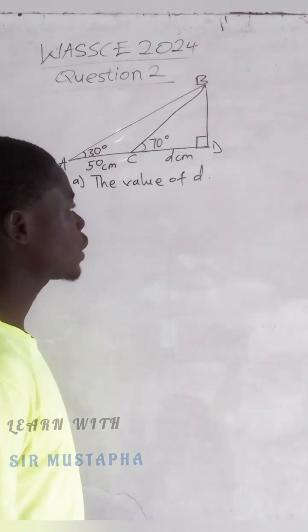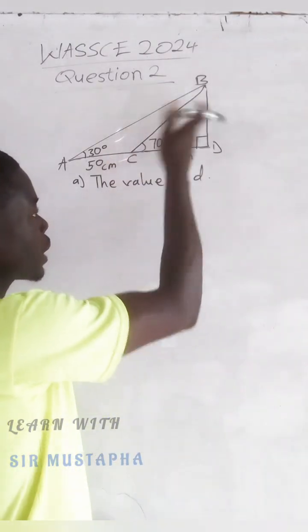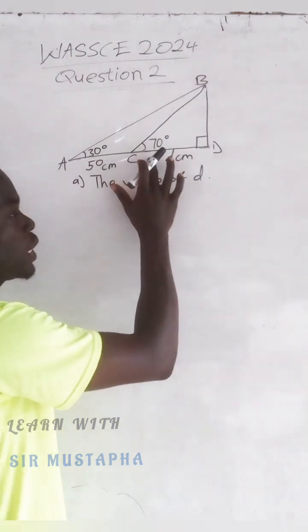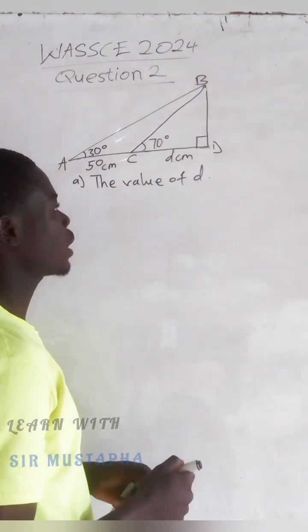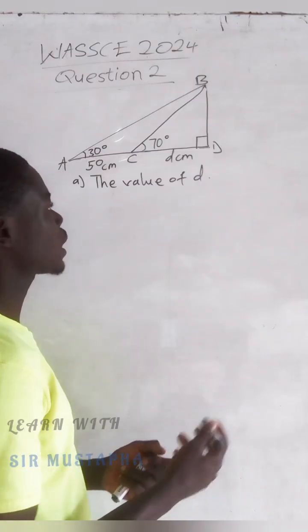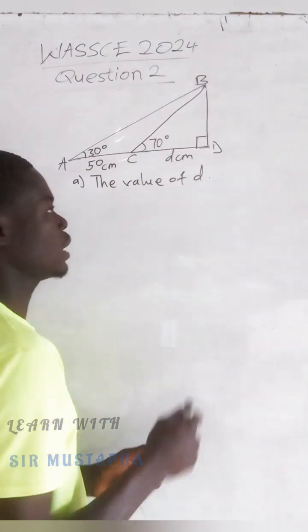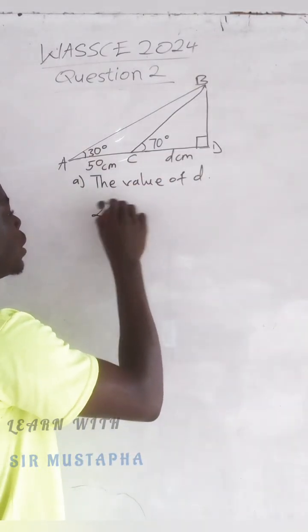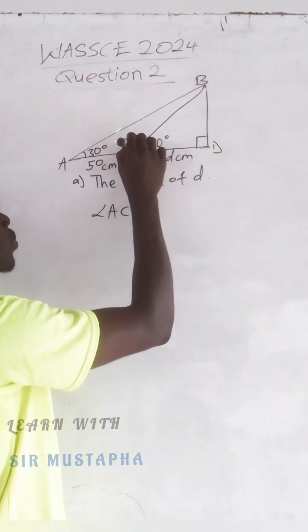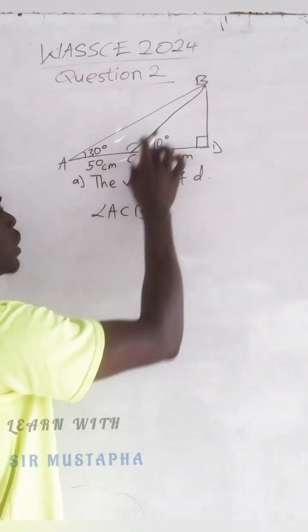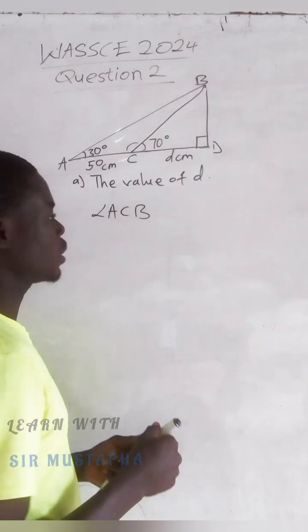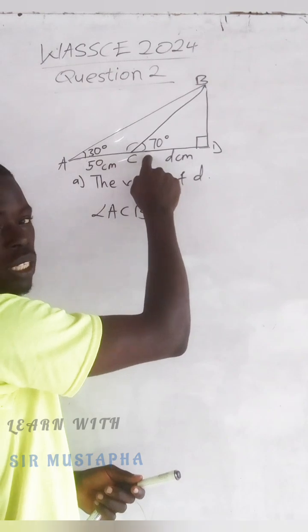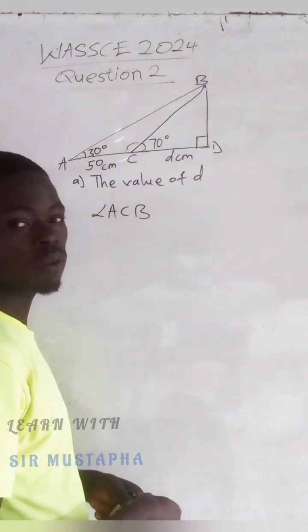Part A says we should find the value of D, and let us work on the diagram before we come to finding the value for D. In this diagram, you can find some angles without even concerning the angle D or the length D. What angle can we find? We can find angle ACB. This angle ACB plus 70 degrees are angles on a straight line, and angles on a straight line add up to 180.